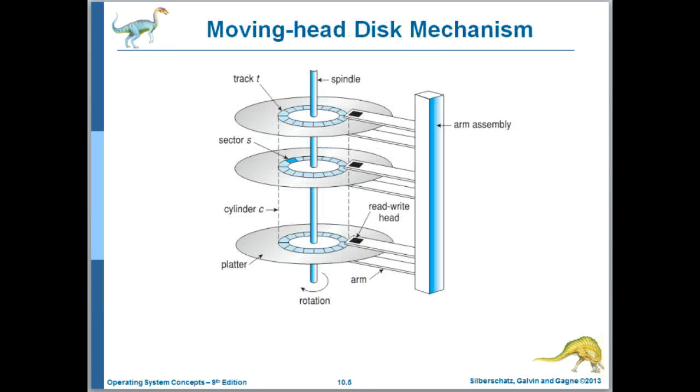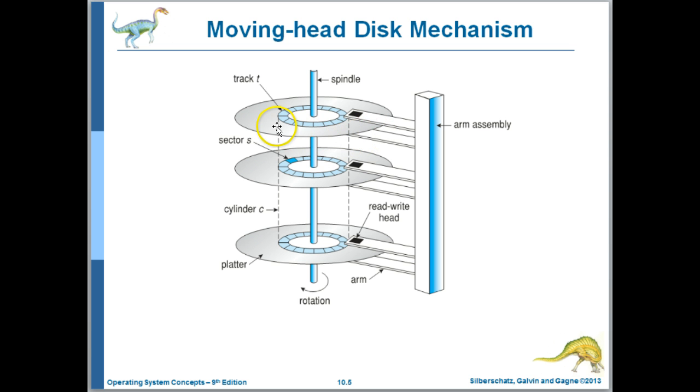So here's a cartoon showing the inside of a disk drive. There are some number of platters, and the platters are typically coated on both sides, so data is stored on both sides. There's an arm assembly that holds the read-write heads on arms. You can see that there is a read-write arm for each side of each platter.